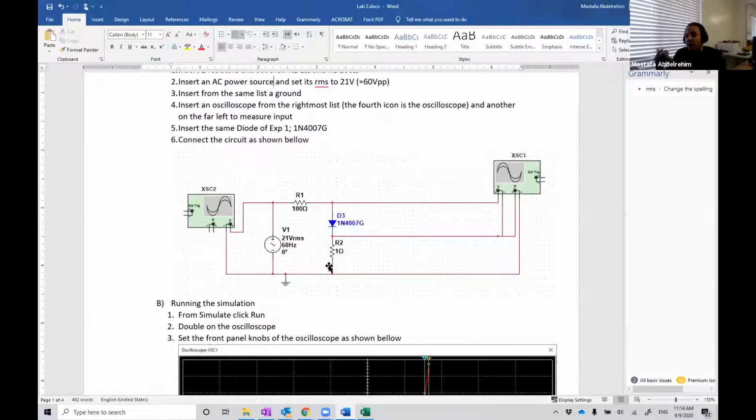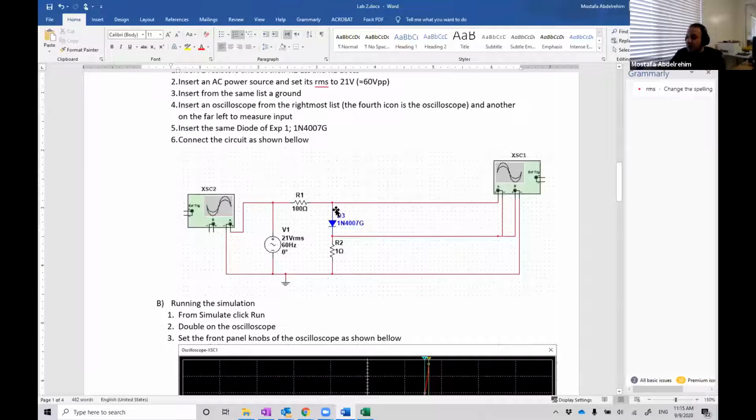For our experiment, we're gonna need to draw ID versus VD. So we need an axis with the voltage of the diode on it, and another axis with ID. This is going to channel B or channel 2, and this is the current.